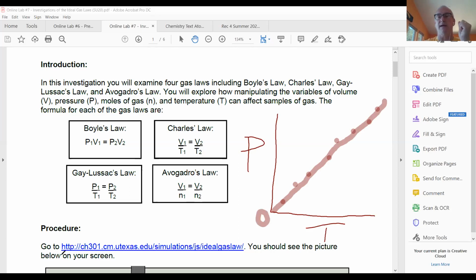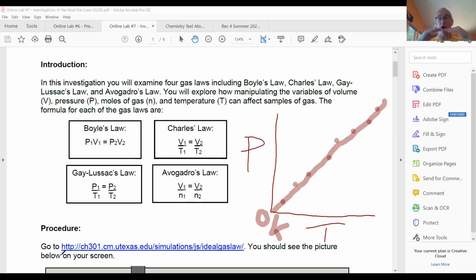It should, because we know that at 0 Kelvin, absolute zero, what happens to the movement of molecules? It'll be 0. They stop. They stop moving completely. So molecules don't have any movement at absolute zero. That's why it's called absolute zero. There's no more movement of molecules.